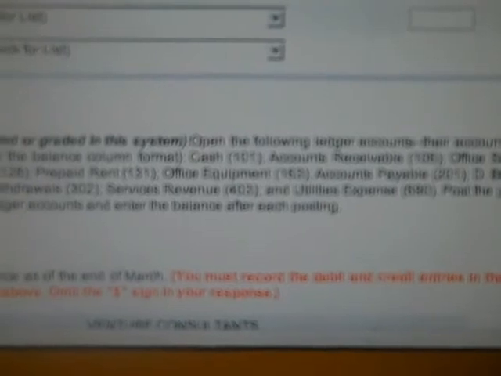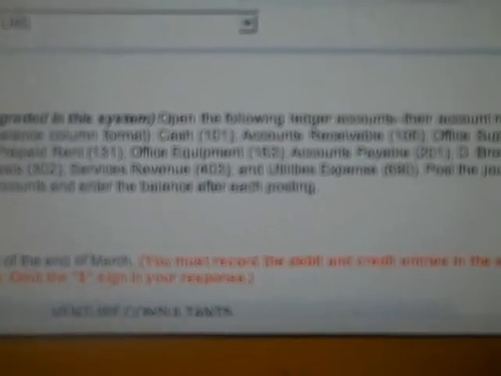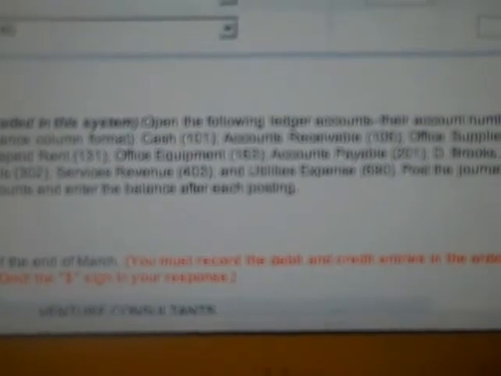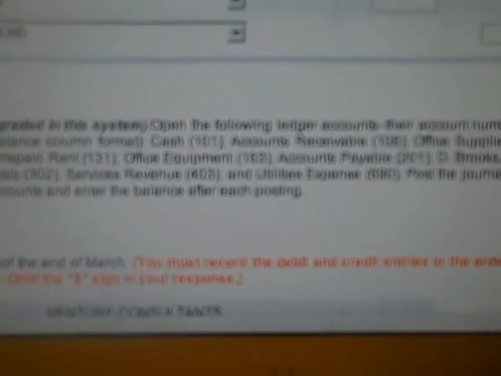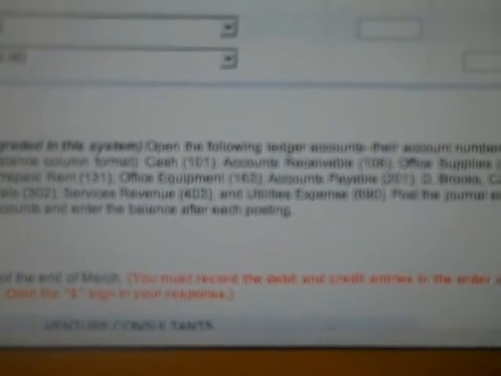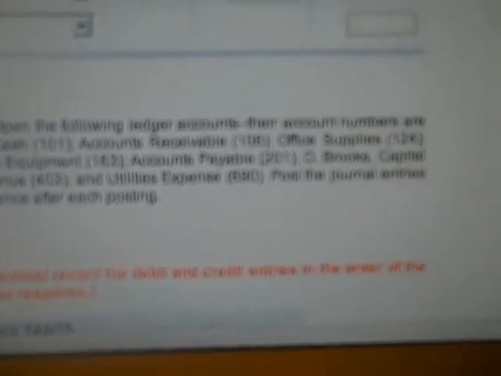And the account numbers are very important because you do your entries with the lowest account number first. So in our case, remember how we talked about cash? Cash is a 101 account, so that tends to be your first account. Now all of your asset accounts tend to be, in this problem, 100s. All of your liability accounts tend to be 200s. And so you'll see accounts payable down here is account number 201.